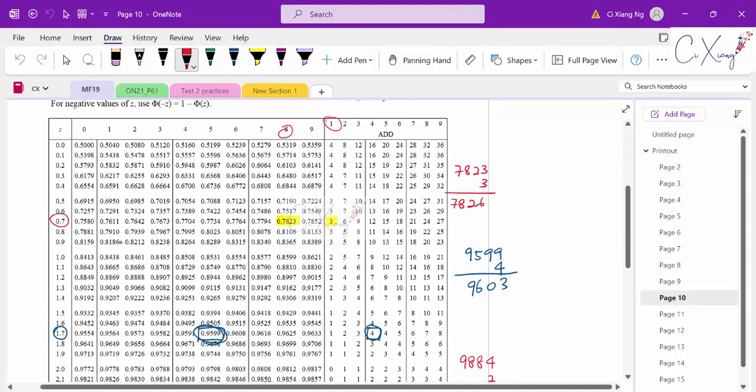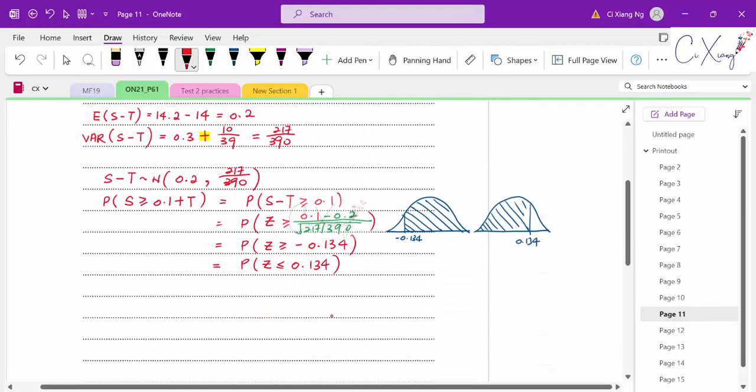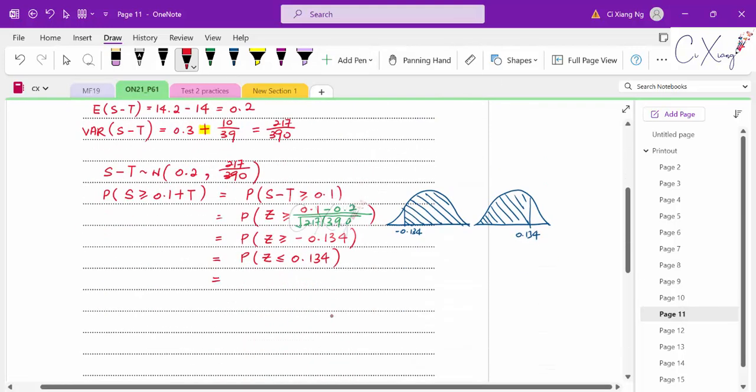0.1 is this row, 3 is this column, 5517, and then 4 means you have to add 16. So you take 5517 plus 16, and you should get 5533. Going back to our steps, this area should be 0.5533.